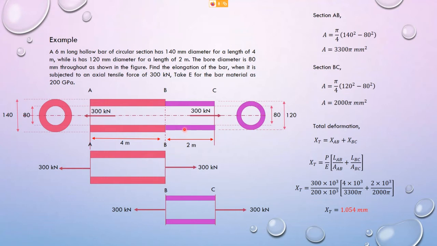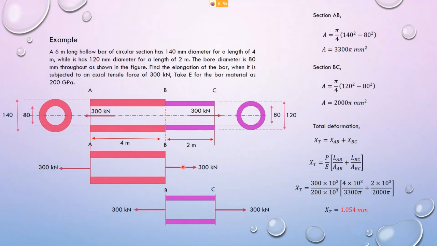Then the second part is the purple part, that is section BC. When you look back into the original diagram, at section B you have 0 force. But when I consider the part AB, I have considered 300 here, but originally it is 0 here.